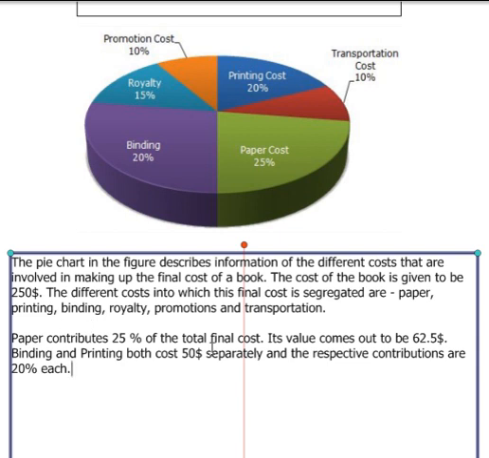So paper contributes 25% of the total final cost. Its value comes out to be $62.5. Binding and printing both cost $50 separately, and the respective contributions are 20% each.